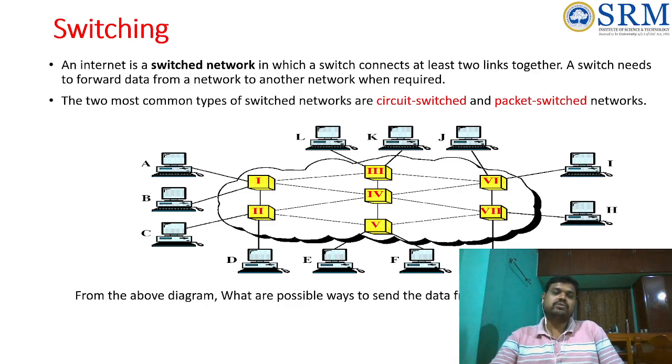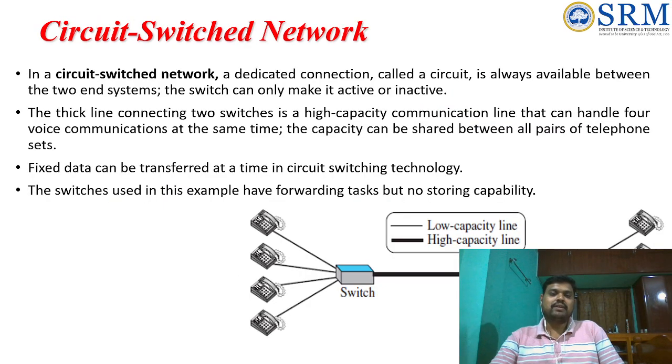The two most common types of switching techniques are circuit switched network and packet switched network. Circuit switching has a dedicated connection. Traditional telephone networks are the best examples of circuit switching. In circuit switching, you have a dedicated line between the sender and receiver.